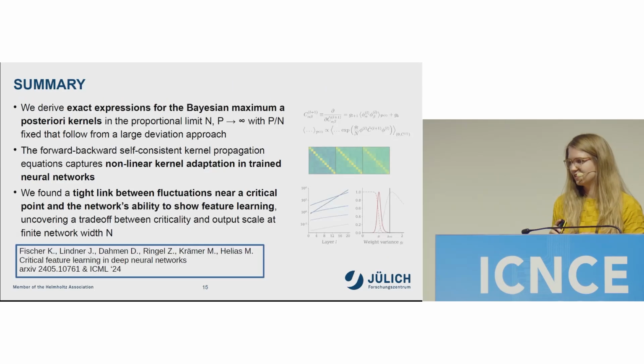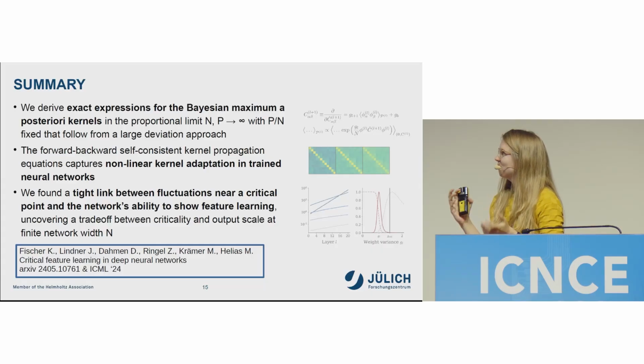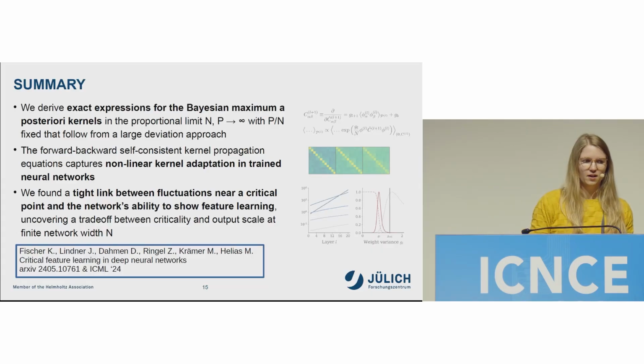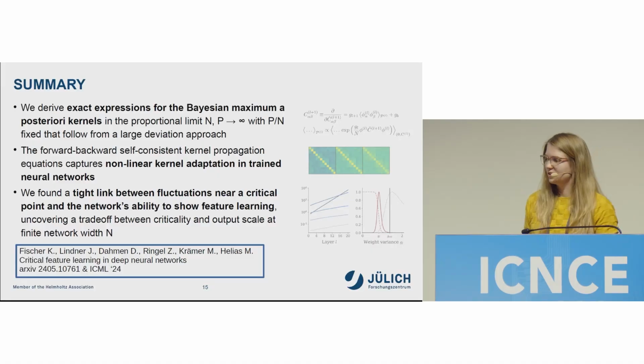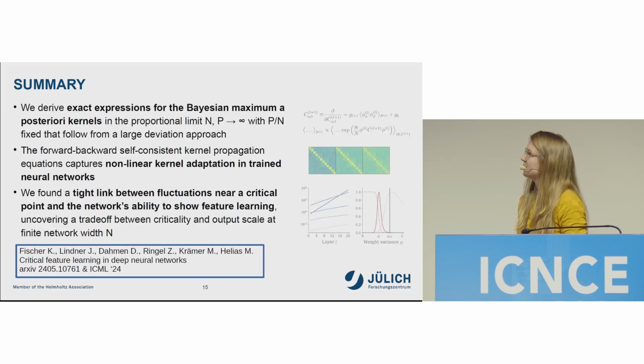All right, and with this, I already come to my conclusion. So basically, maybe the main takeaways is that there are these two regimes. One is the lazy learning regime, and one is the feature learning regime. And now here we present an approach to understand what happens in neural networks in the feature learning regime, where we derive expressions for these maximum a posteriori kernels, and see actually that there's a nonlinear kernel adaptation in neural networks.